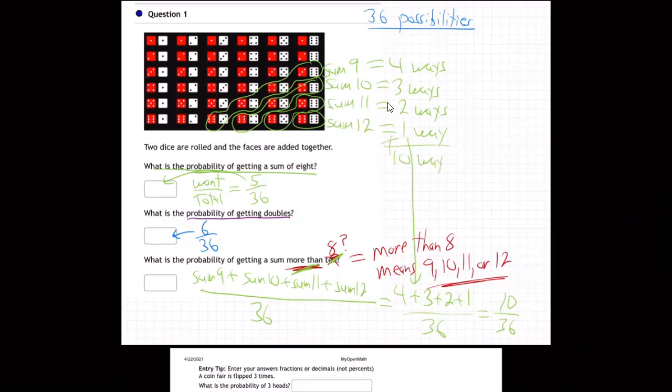There's 10 ways to get a sum 9 through 12. In other words, more than 8. Right? More than 8 means 9 through 12. There's 10 ways. So it's 10 out of 36. There's the answer. So that's how you would do it for a sum more than 8.